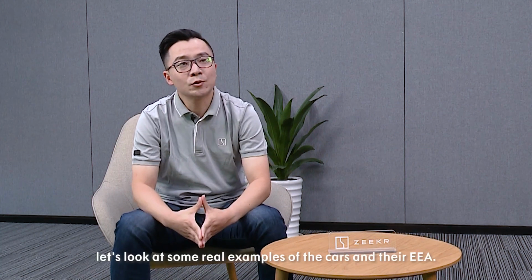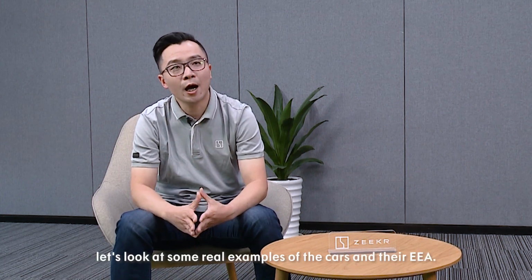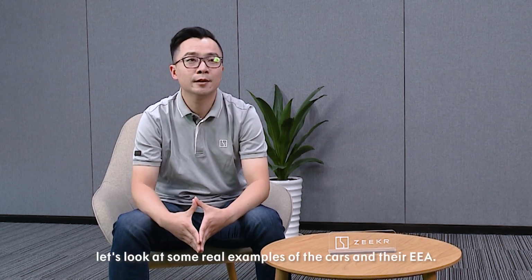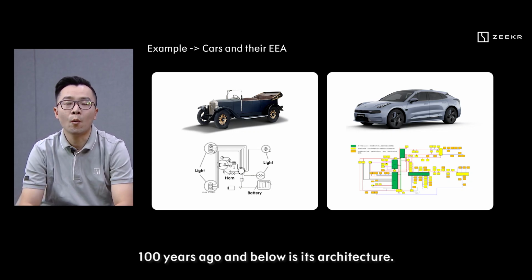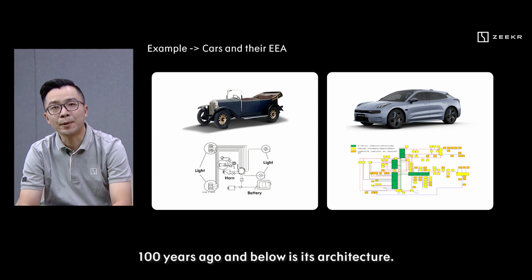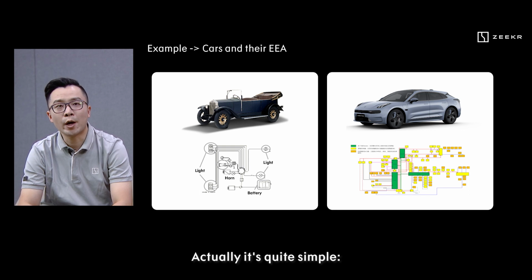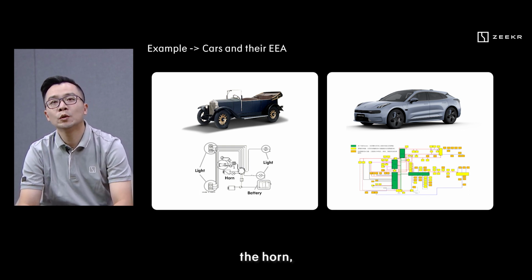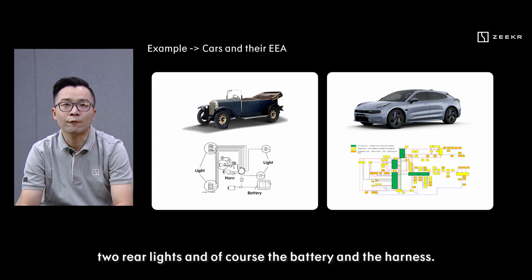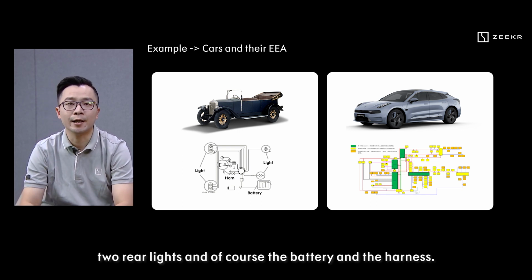Furthermore, let's look at some real examples of cars and their EA. In the left part, it is a car from around, let's say, 100 years ago, and below is its architecture. Actually, it's quite simple. Two front lights, the horn, two rear lights, and of course, the battery and the harness.